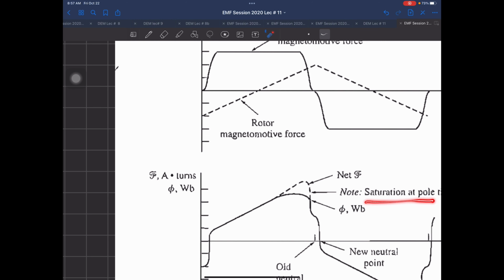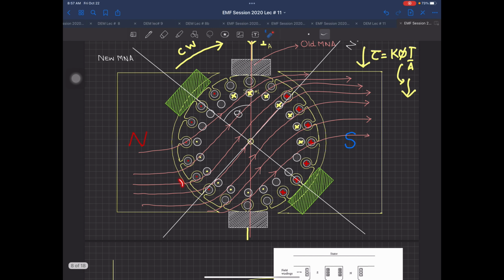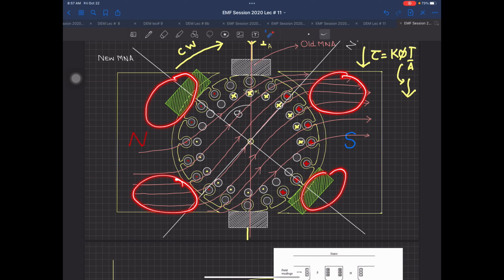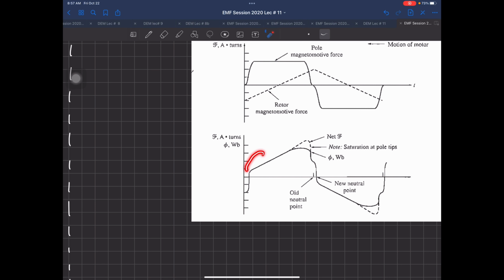The same thing I told you in this diagram: in this region there is saturation, in this region there is saturation, and in this region there is a decrease, and the decrease is 2x times. Here also 2x times. So practically what is happening is that the decrease is enormous, but here the increase has to be this much so that it can compensate this decrease.